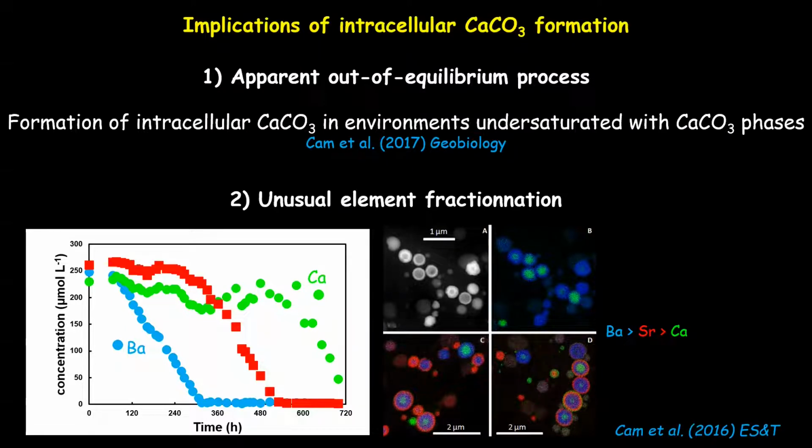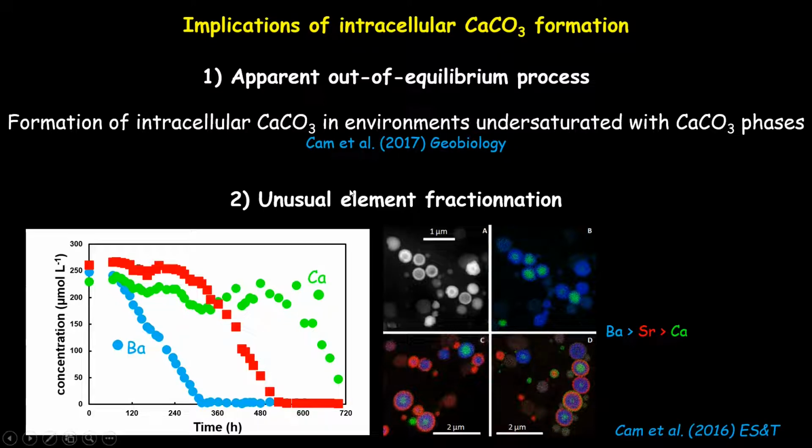But within the cells, those bacteria can. And of course, there's an energy expense that explains that they build up oversaturation within the cells. So basically, you can observe formation of carbonate in an environment where you should not have calcium carbonate. So that's the first thing.